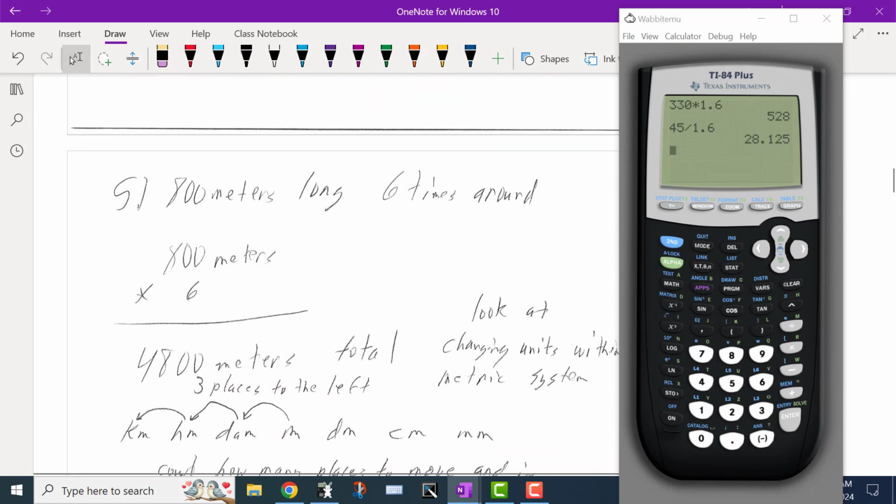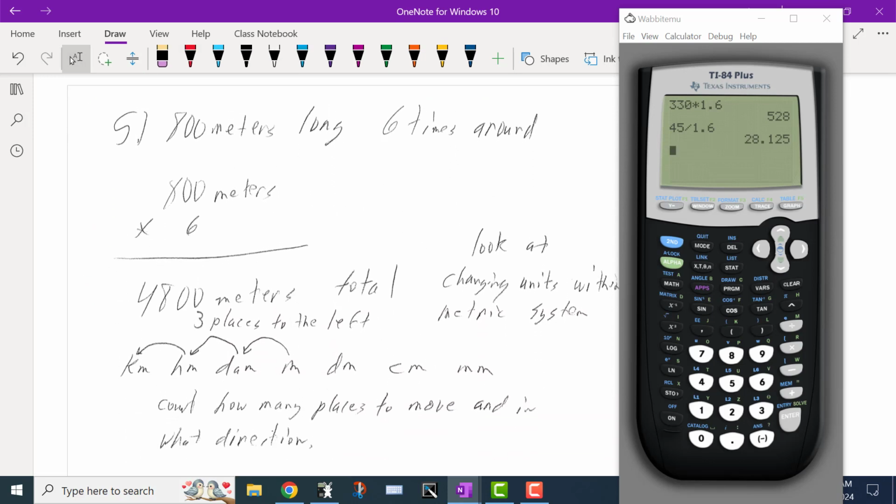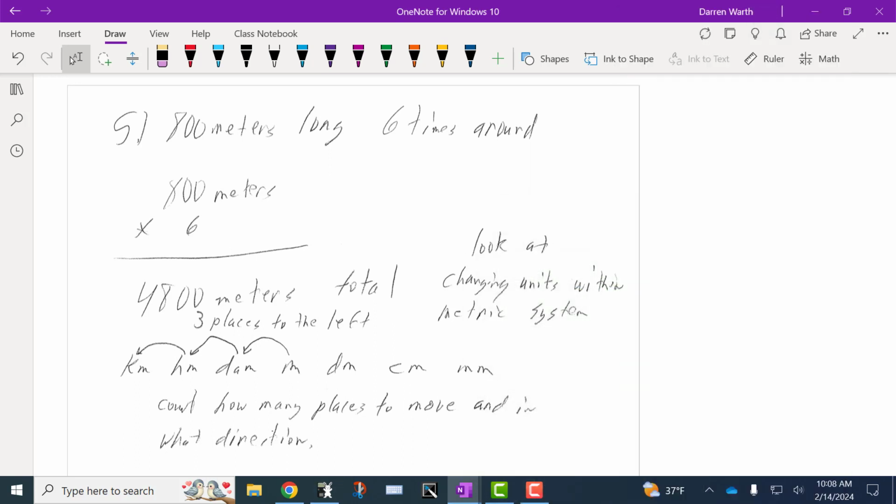Problem says on number 5, if you jog 6 times around a track that is 800 meters long, how many kilometers have you covered? Well, the very first thing we have to do is find out how far we went in terms of meters. So I've got 800 meters long, 6 times around.